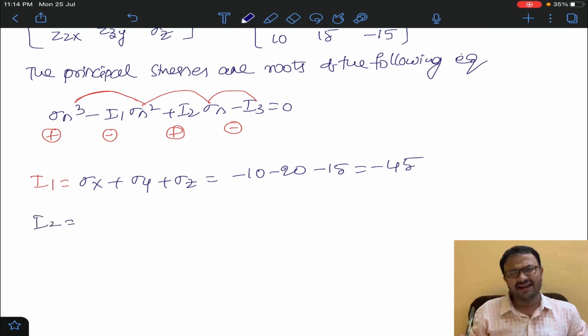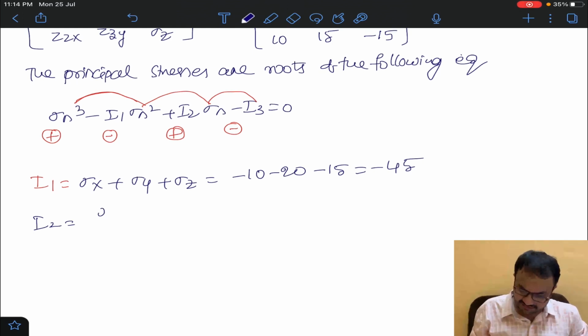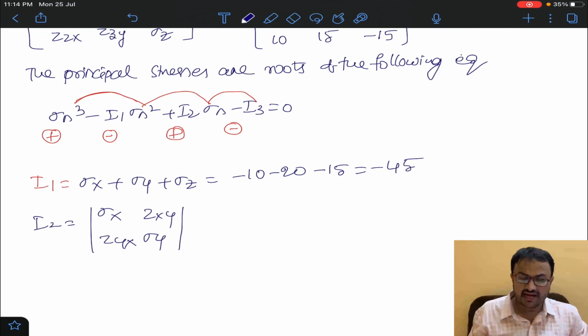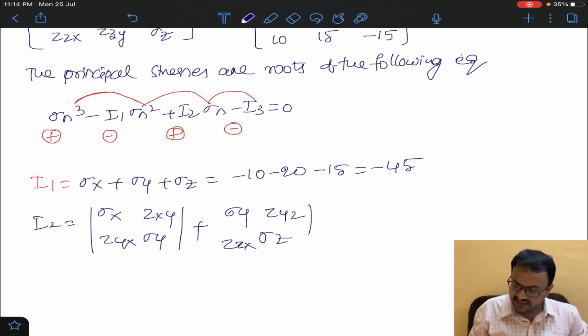I2 is: delete the third column and third row, only 2 columns remain. So you will get sigma x, sigma y, tau xy, tau yx. Calculate the determinant, and then delete the first row and first column. You will get the remaining sigma y, sigma z, tau yz, tau zy.